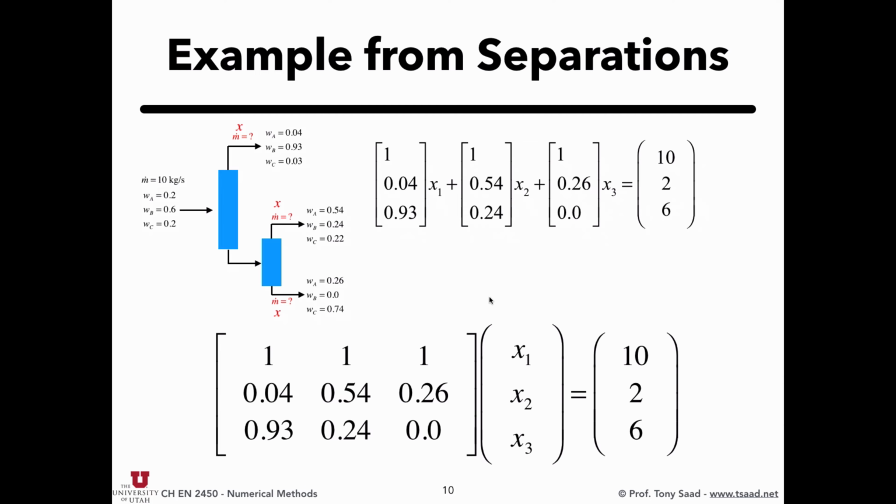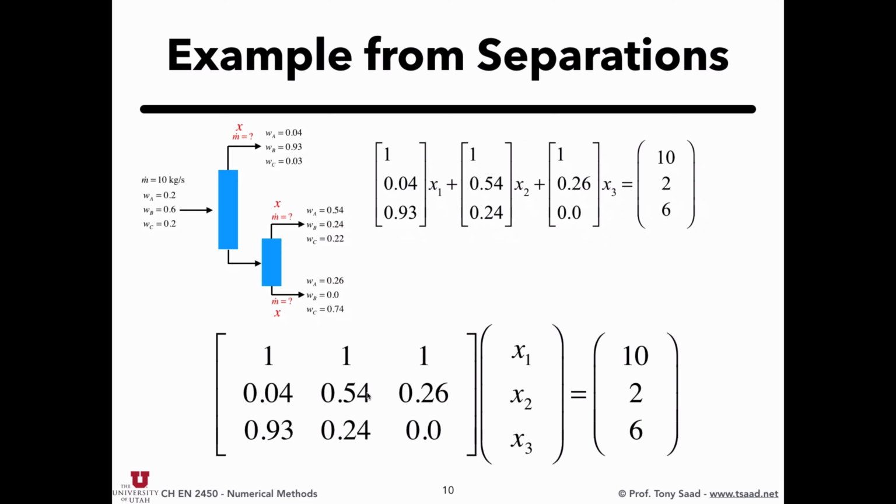But in a nutshell, this matrix here represents the coefficients multiplying the unknowns x1, x2, and x3 in the above equations, and this can be read as the first row, which is 1, 1, 1, dot product with the vector of unknowns, equal to 10. So that gives you 1 times x1 plus 1 times x2 plus 1 times x3 equal to 10, just a dot product.